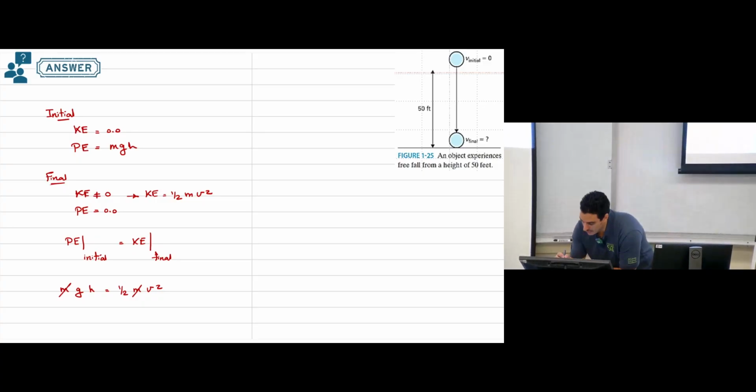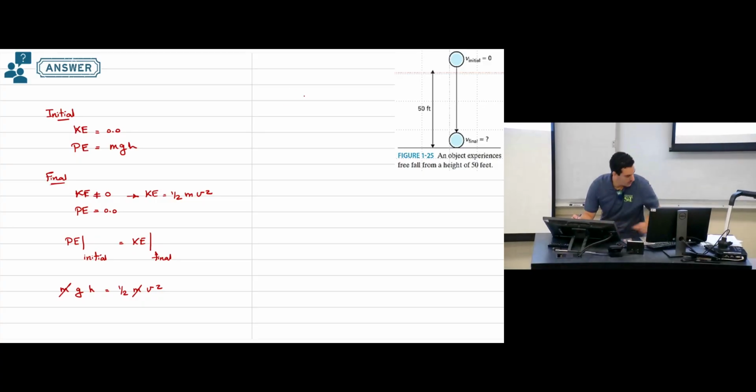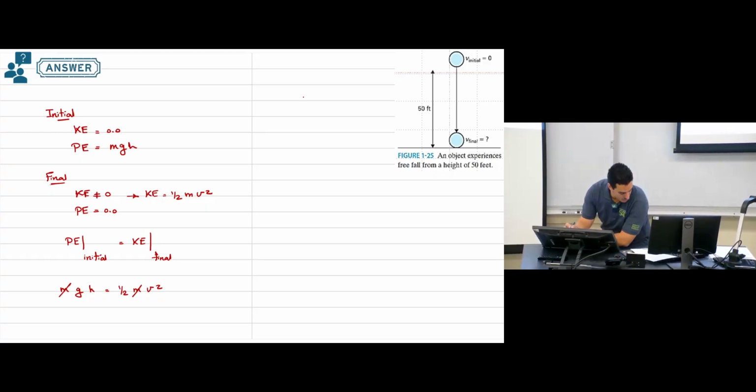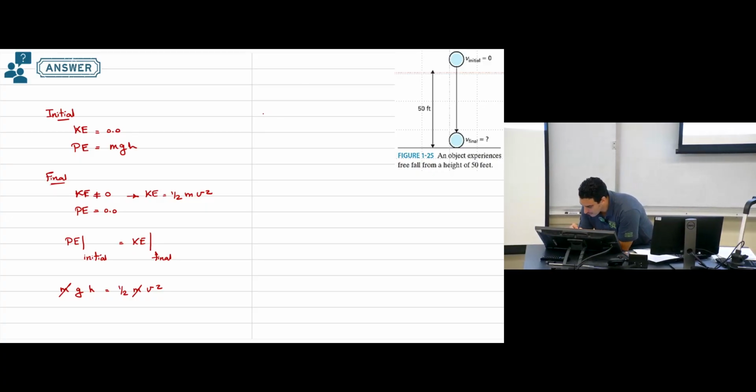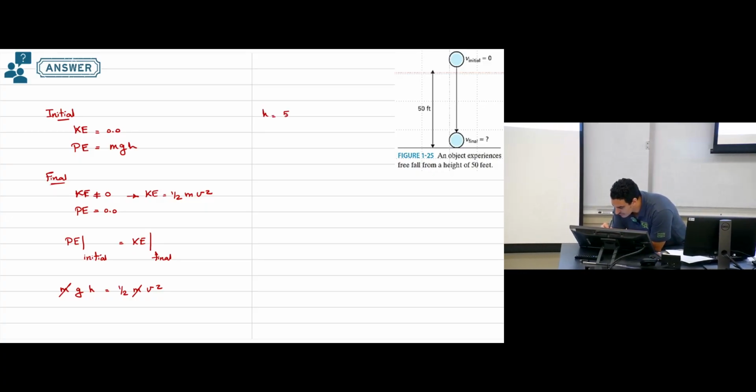Then we have h, the height, which is 50 feet. We have g, gravity, with two values: 9.8 meters per second squared, which is equivalent to 32.174 feet per second squared.